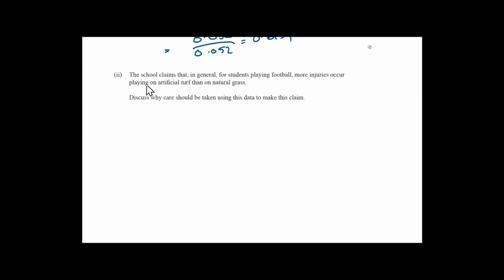Now we have a question that's real statistics, really. The school claims that in general, for students playing football, more injuries occur on artificial turf than on natural grass. Discuss why we should take care using this data to make this claim. This is a really, really good question.